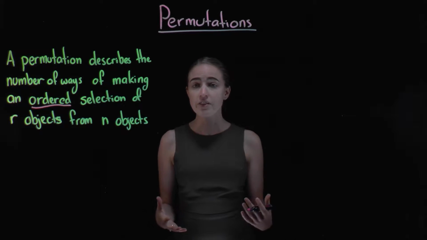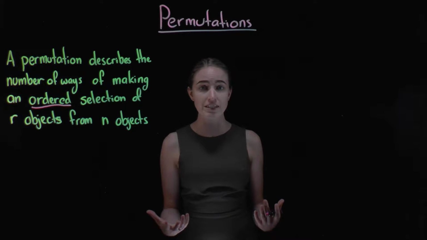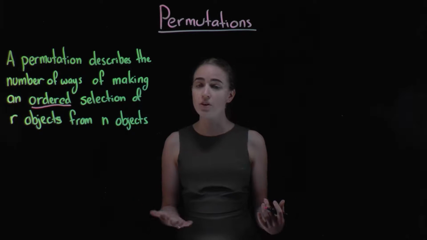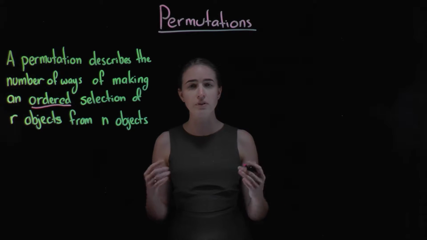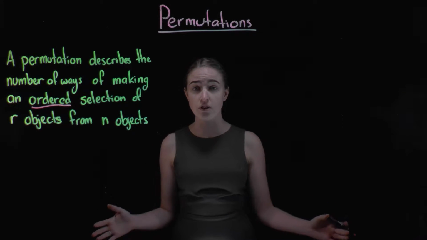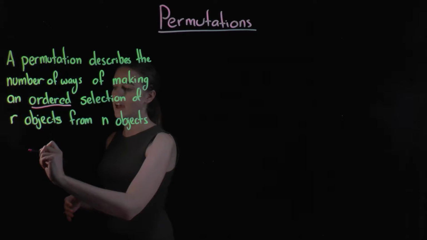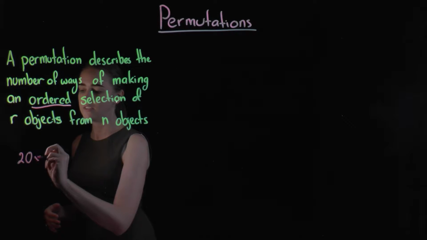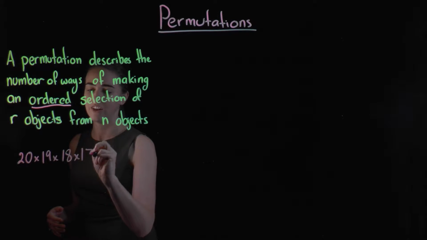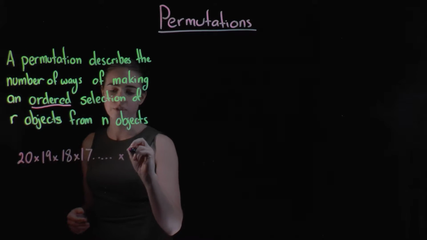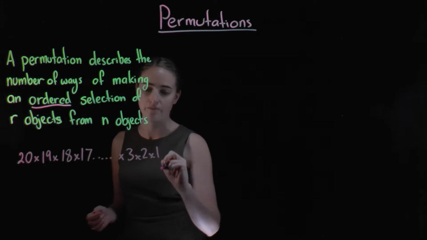So for example, let's have a think about if we had, say, 20 photos, and we want to arrange 5 of them in a row in frames. So we've got 20 of them. Now, if we were going to arrange all 20 of them in a row, we would have the calculation 20 times 19 times 18 times 17, all the way down to times 3 times 2 times 1.